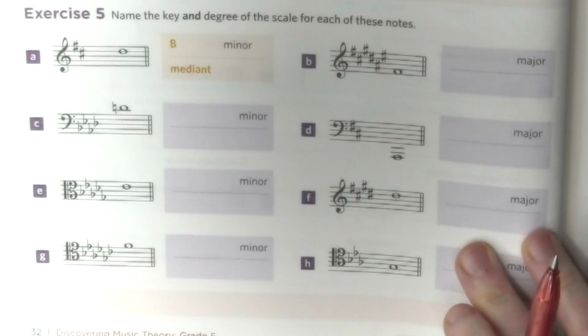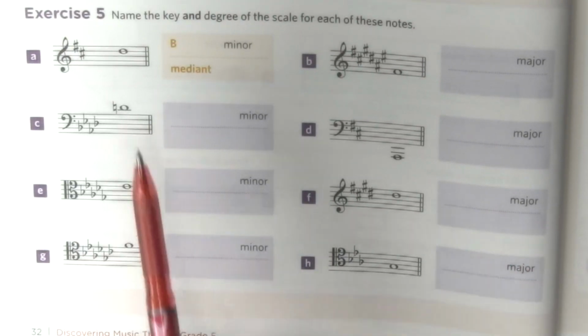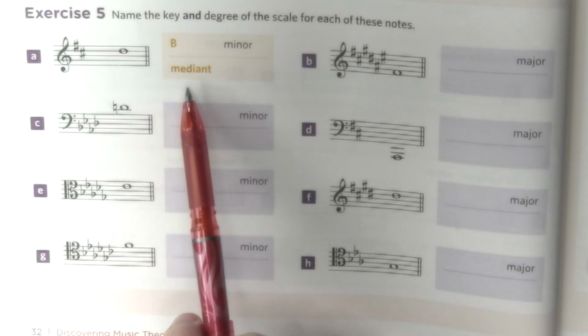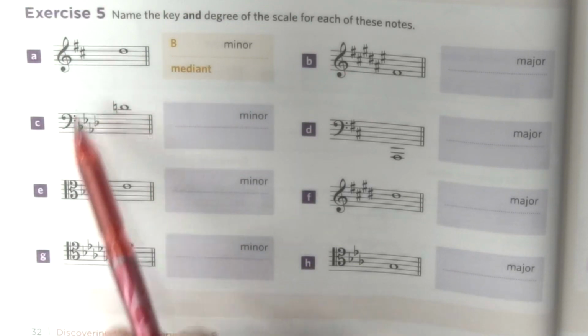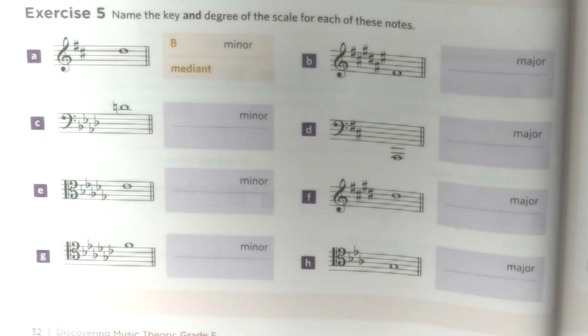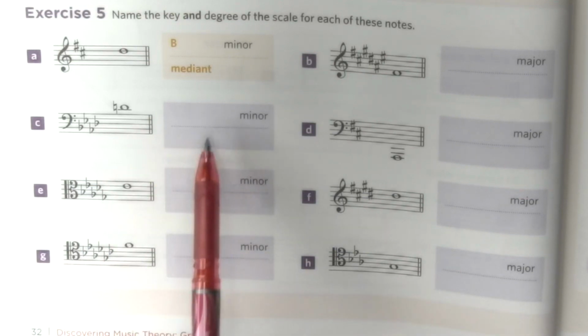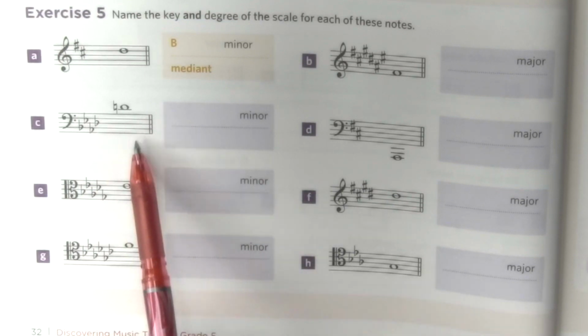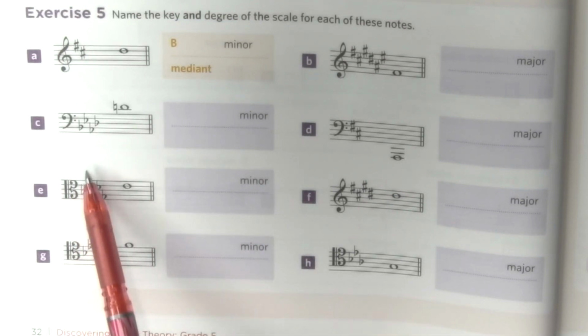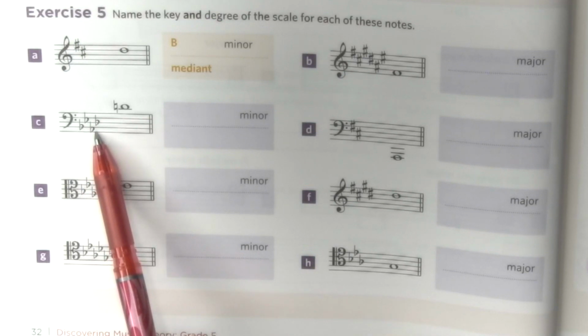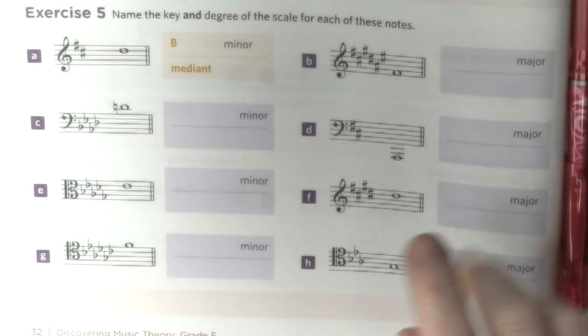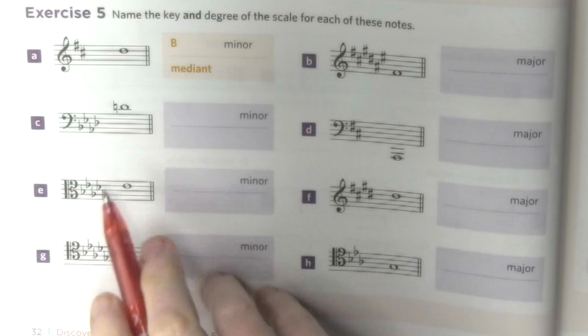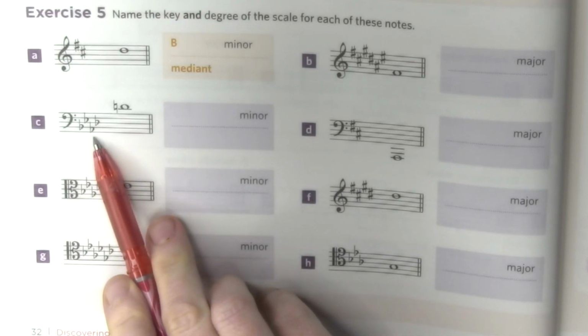In this exercise 5, we are asked to name the key and the degree of the scale of these notes. We have the key signature, so we only need to identify whether it's minor or major and the degree. Let's have a look. We have 4 flats. The penultimate flat gives us the name of the scale.